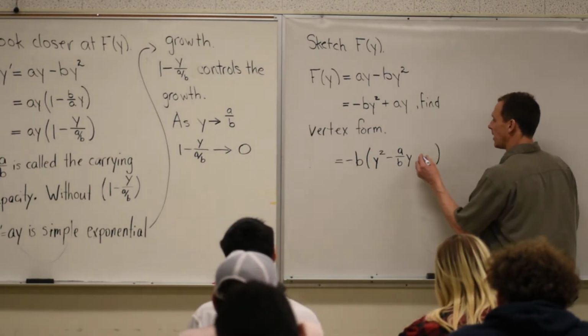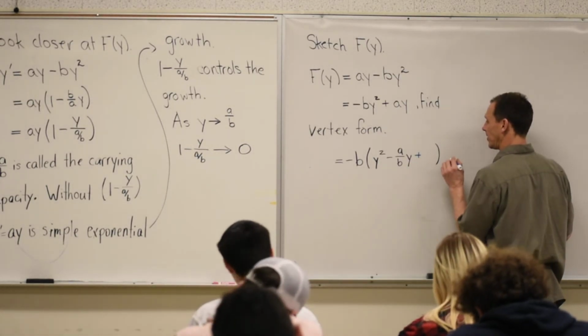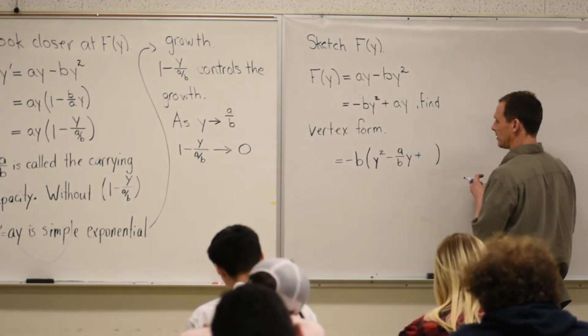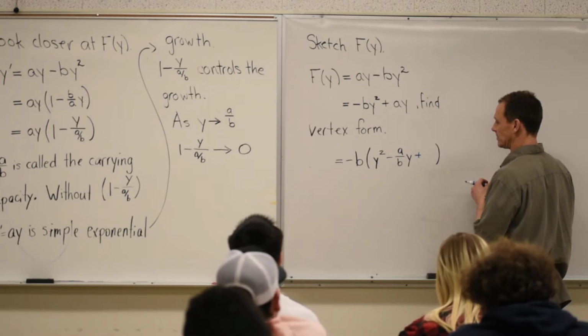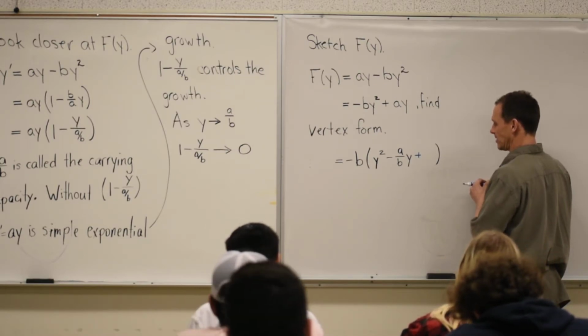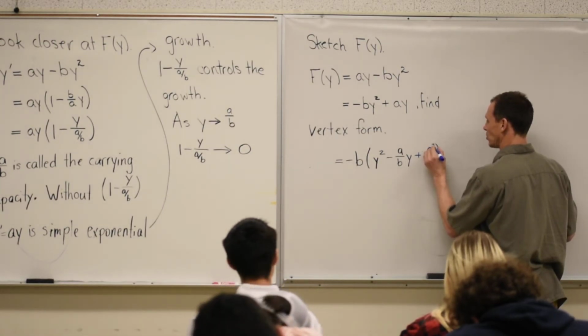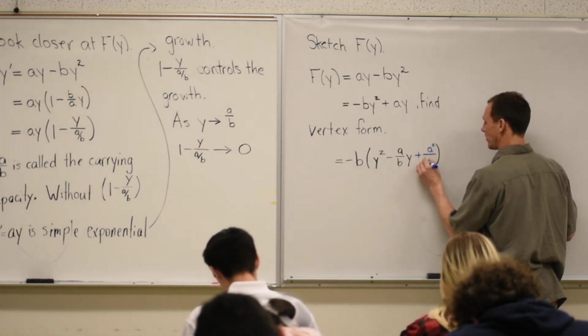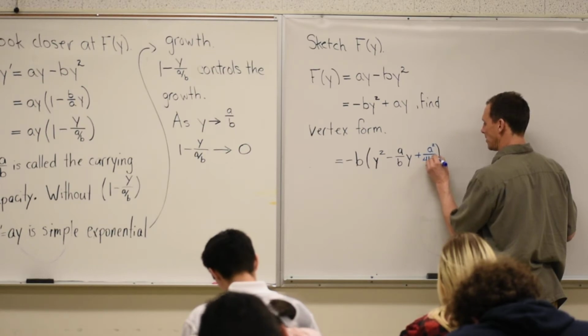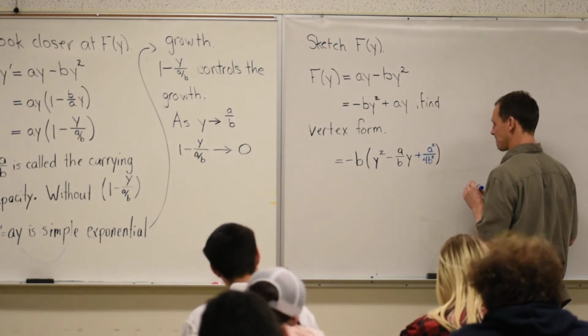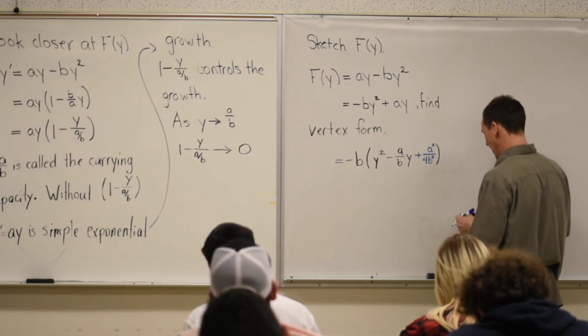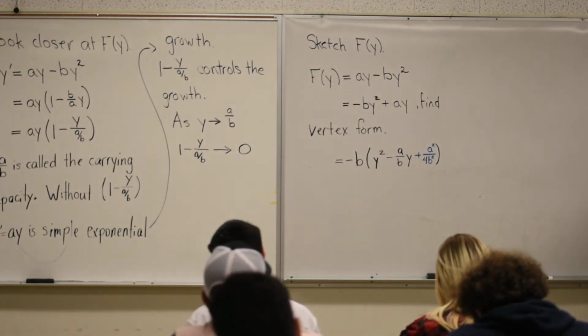So right here, I would put plus, you take half, square it. So this is going to be a squared over 4b squared. Okay? I think I got that. And then, here's the interesting part.